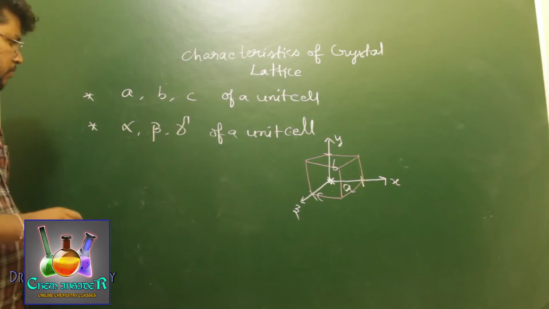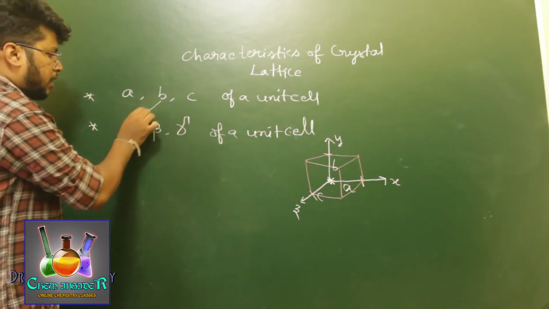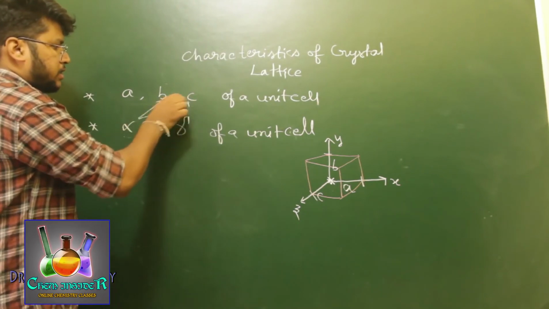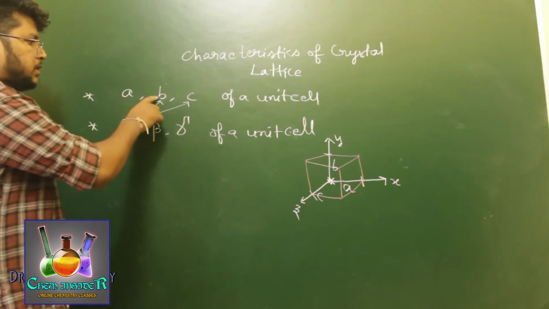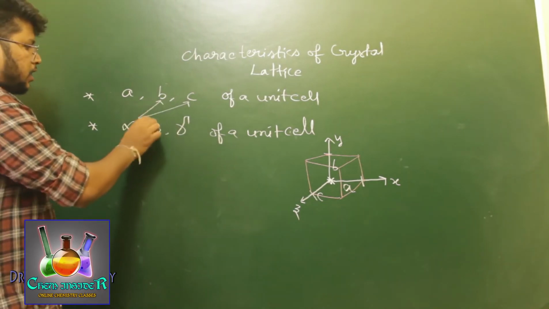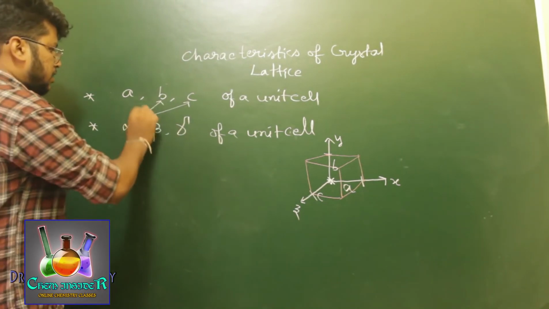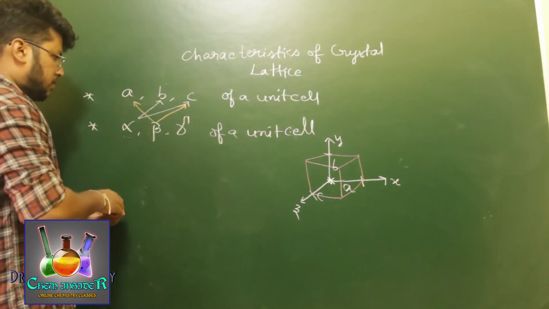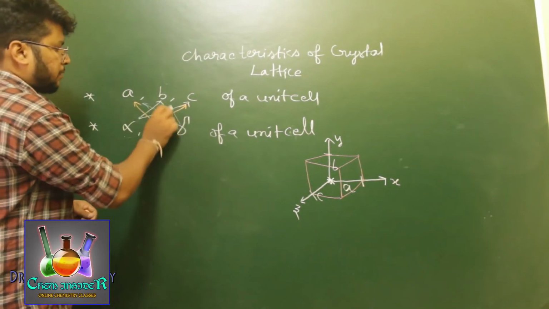Remember, alpha is the angle between edges B and C. Beta is the angle between edges A and C. And gamma is the angle between edges A and B.